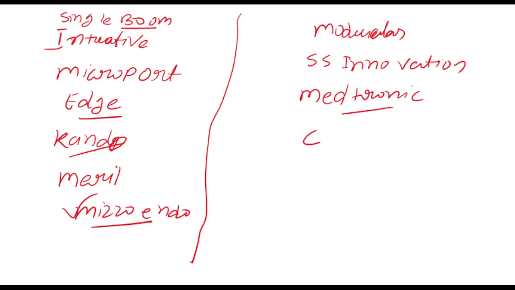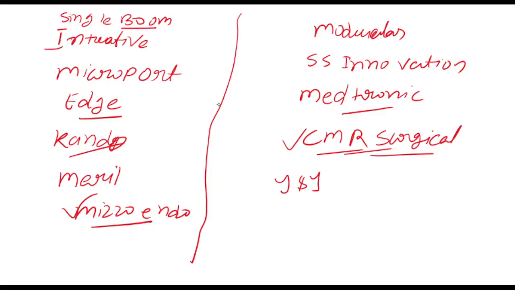CMR Surgical was the first to come with a modular cart surgical system, but because of a design issue, it is not currently operational in India, and they have closed their service there. J&J will come with a single boom mounted robot, and there is a company called Digital Motion.